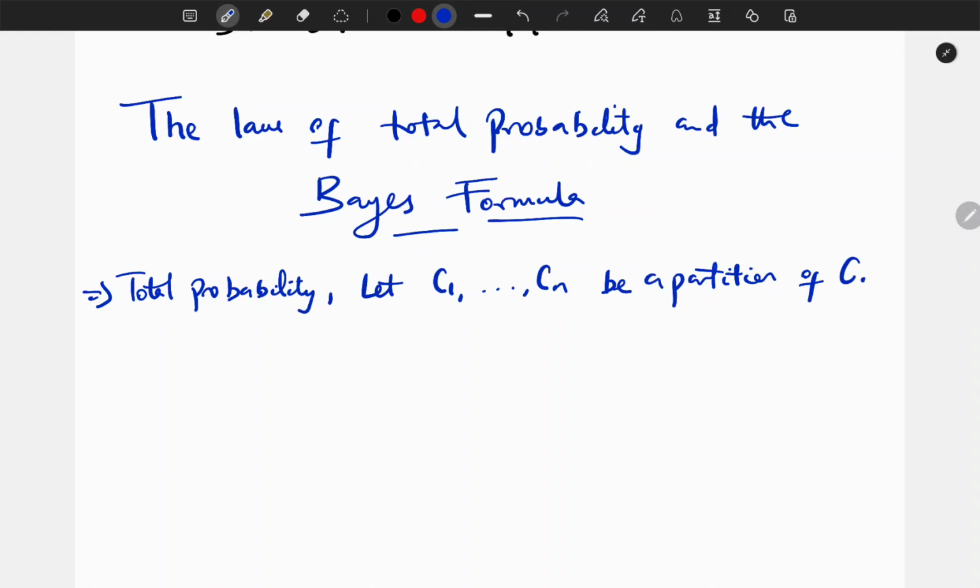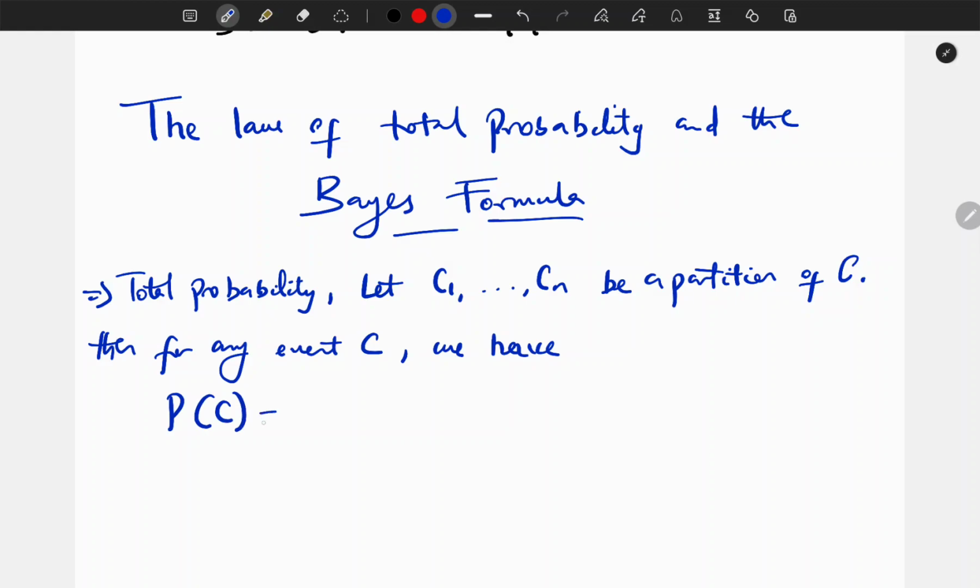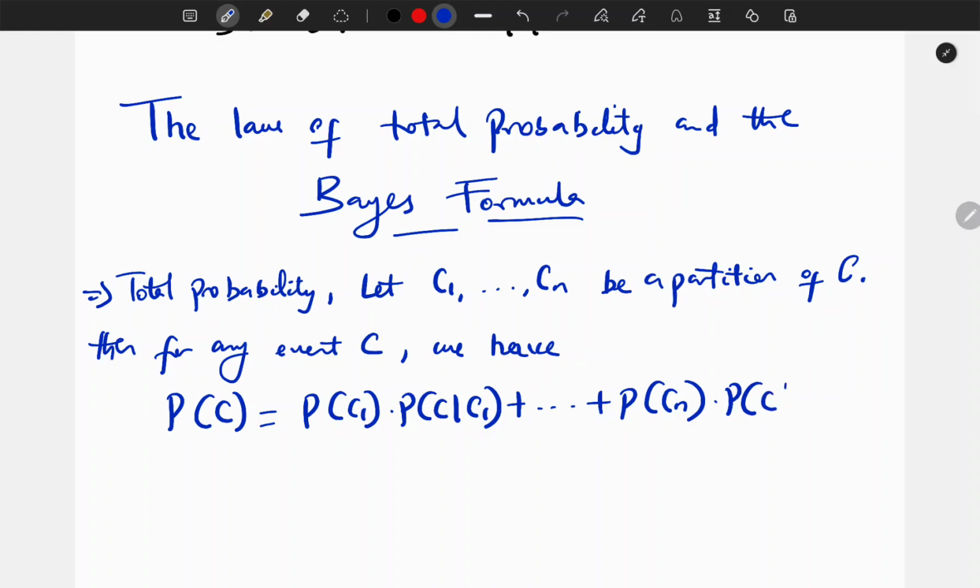Then for any event C, we have the probability of C is equal to the probability of C1 times the probability of C given C1, plus, up to, the probability of Cn times the probability of C given Cn.